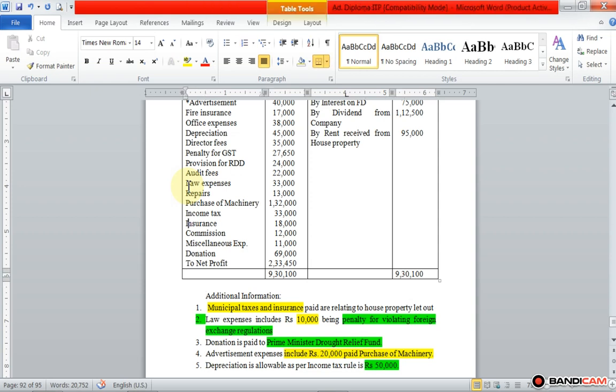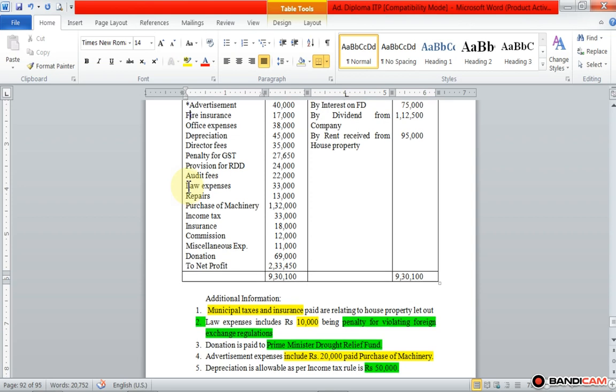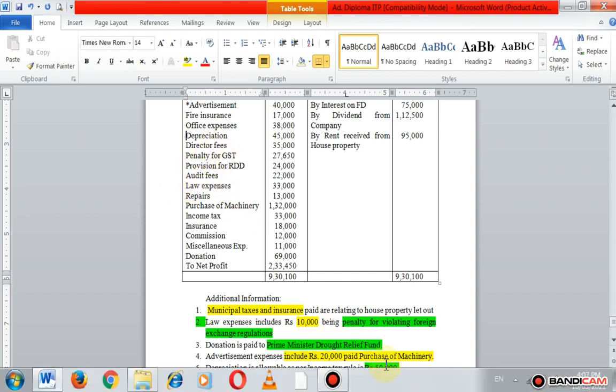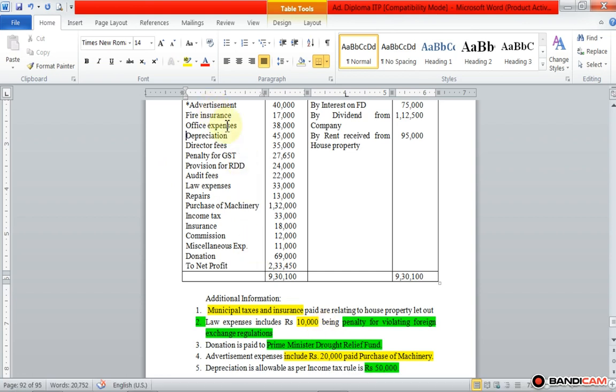Then fire insurance is an expense relating to the company, and it is an allowable expense. Office expense is an allowable expense. Depreciation: the allowable depreciation is rupees 50,000, and the depreciation charged on the debit side of the profit and loss account is 45,000.